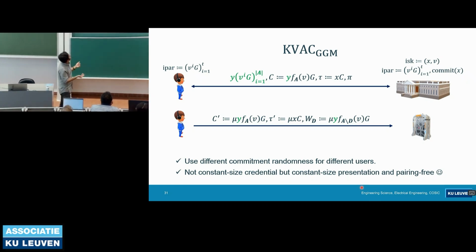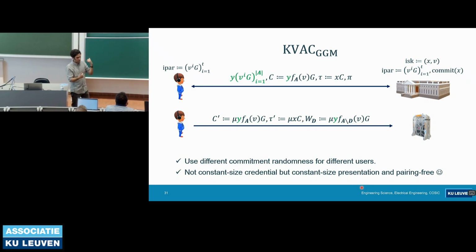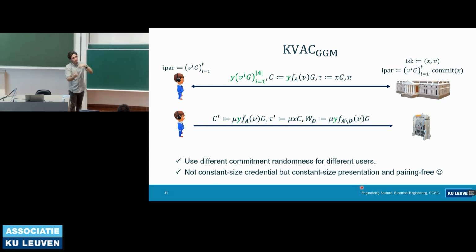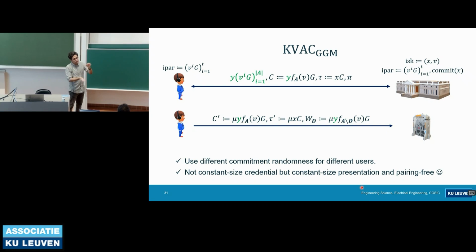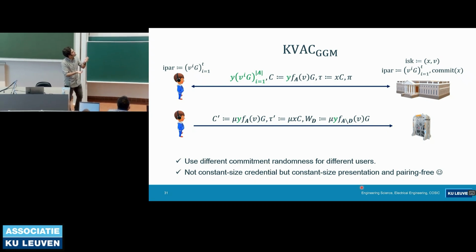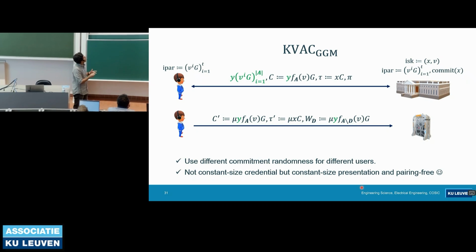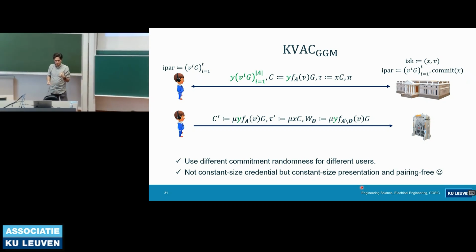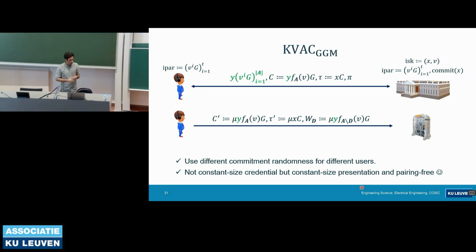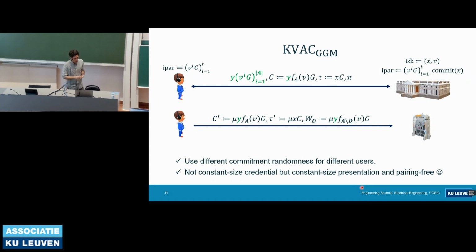And now, if the adversary receives different commitments, different credentials, he cannot meaningfully combine them and compute a valid showing at the end because he doesn't know the y value. And then in the showing phase, it's simple. We just added this y to both the randomized commitment and the open value for set D.